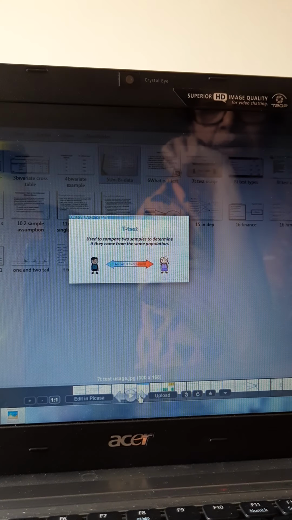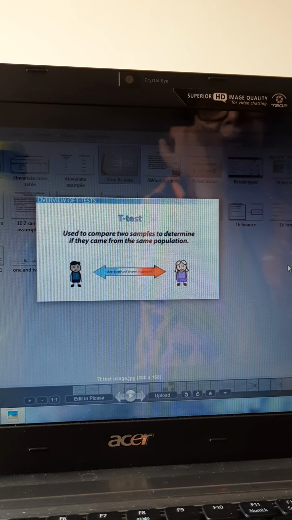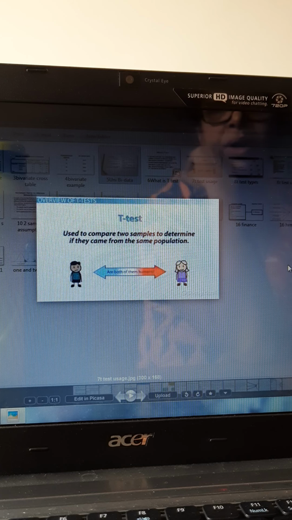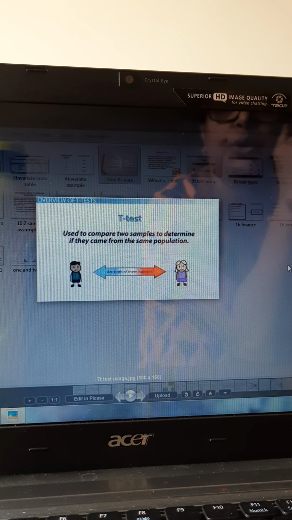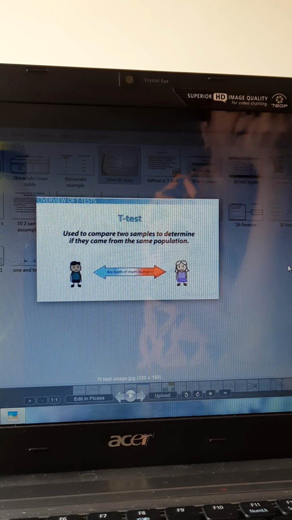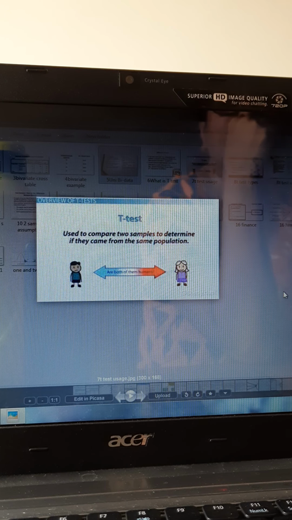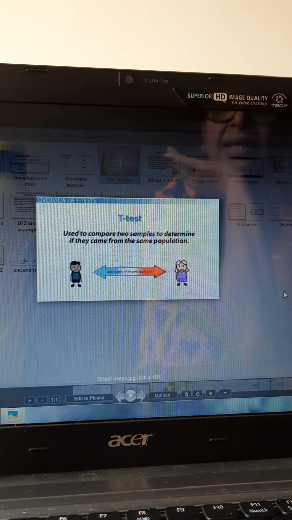Then we said what is t-test, and what are the types of t-tests, what is t-test used for, what are the assumptions that you have in t-test, what's the difference between z-test and t-test, and what are independent and dependent variables, and what are the conditions for using a t-test.